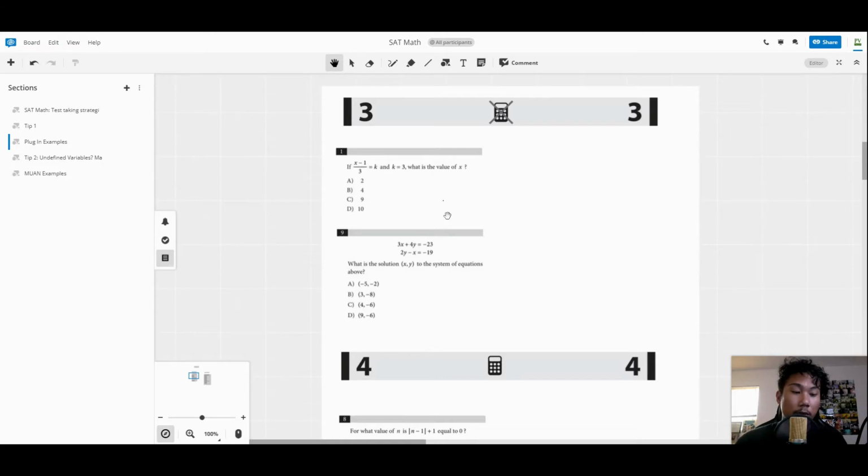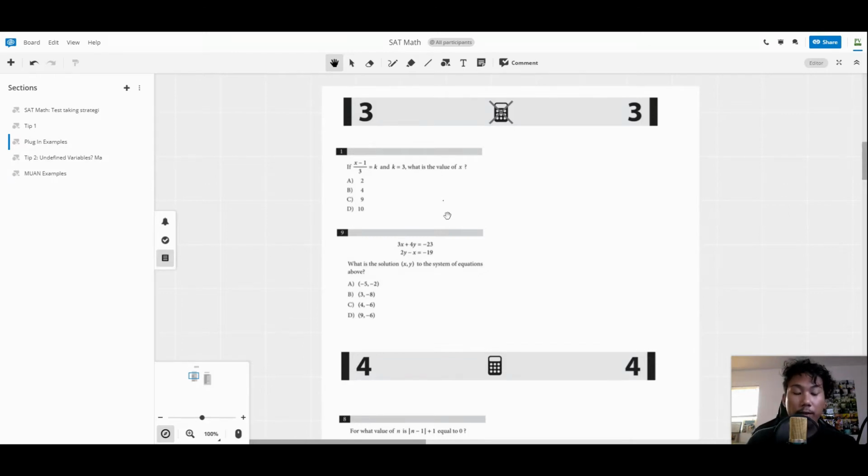If (x minus 1) over 3 is equal to k and k is equal to 3, what is the value of x? Now, normally I can go ahead and just solve for x in this problem, but rather than doing that, I can simply take some of the answer choices, plug it in for x, and hopefully get 3 as the end result.